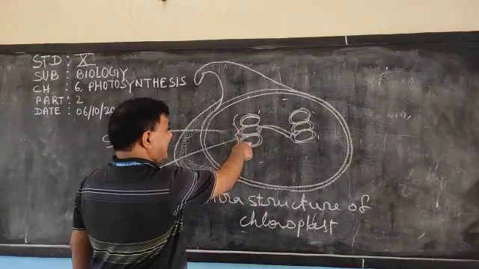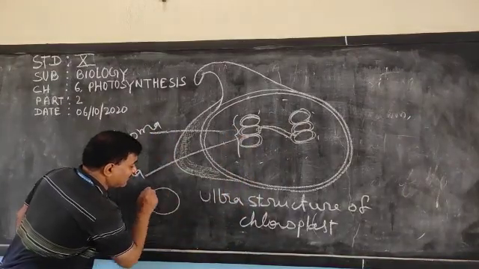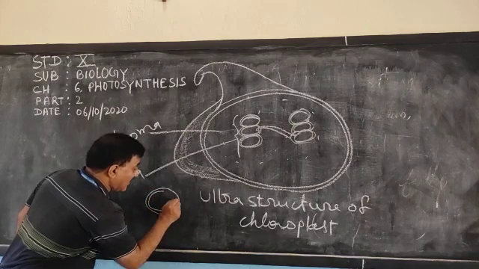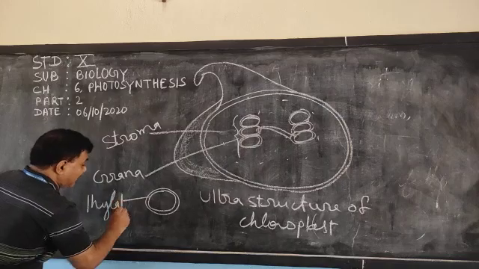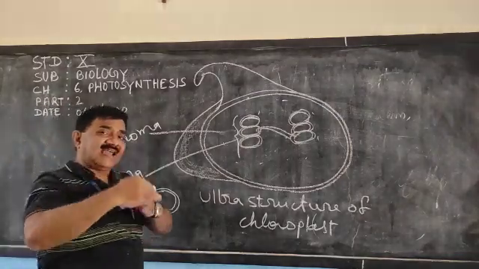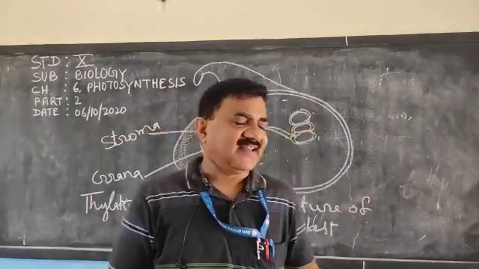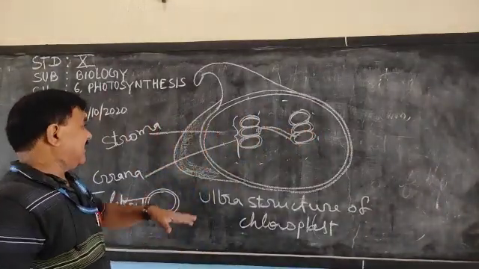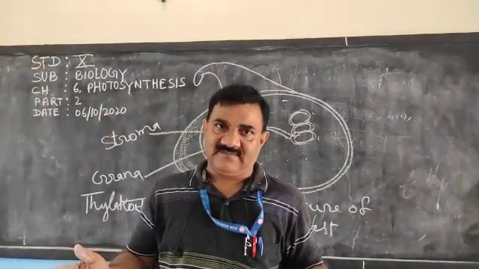And one unit is called a thylakoid. When thylakoids are arranged one over the other, it is called grana. It means grana are the rings of thylakoids.